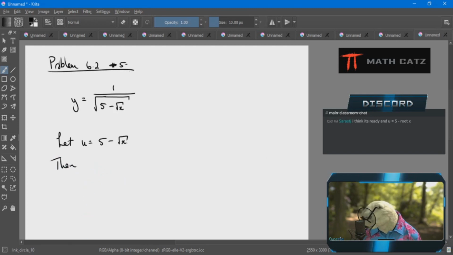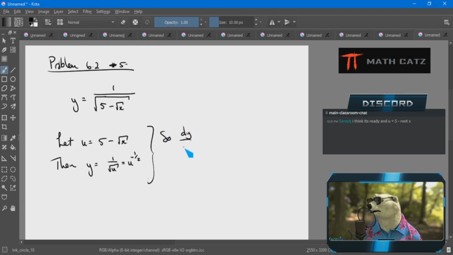So the outside function in this case is 1 over root u, which certainly is simple enough because I'm going to write that as u to the negative 1/2, which again, I hope you are comfortable with. Then we're ready to try. We got an outside function that seems simple enough, so it's probably going to be good to go.